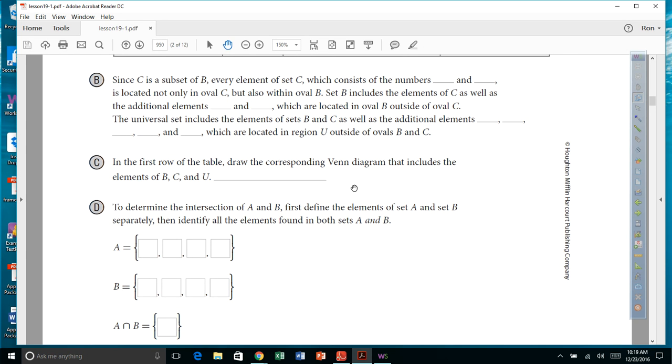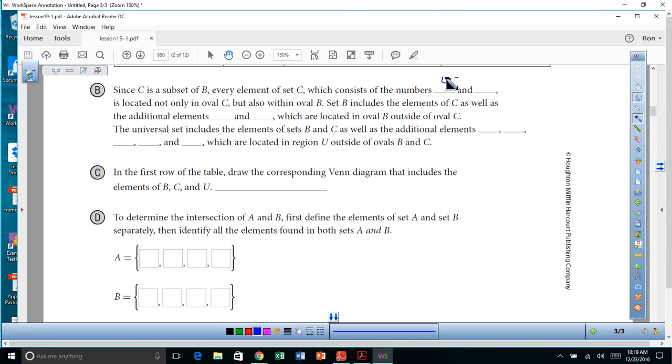Since C is a subset of B, every element of set C, which consists of the numbers 4 and 8, is located not only in oval C, but also within the oval B. Set B includes the elements of set C as well as the additional elements 2 and 6, which are located in oval B outside of oval C. The universal set includes the elements of sets B and C as well as the additional elements 1, 3, 5, 7, and 9, which are located in region U outside of ovals B and C.